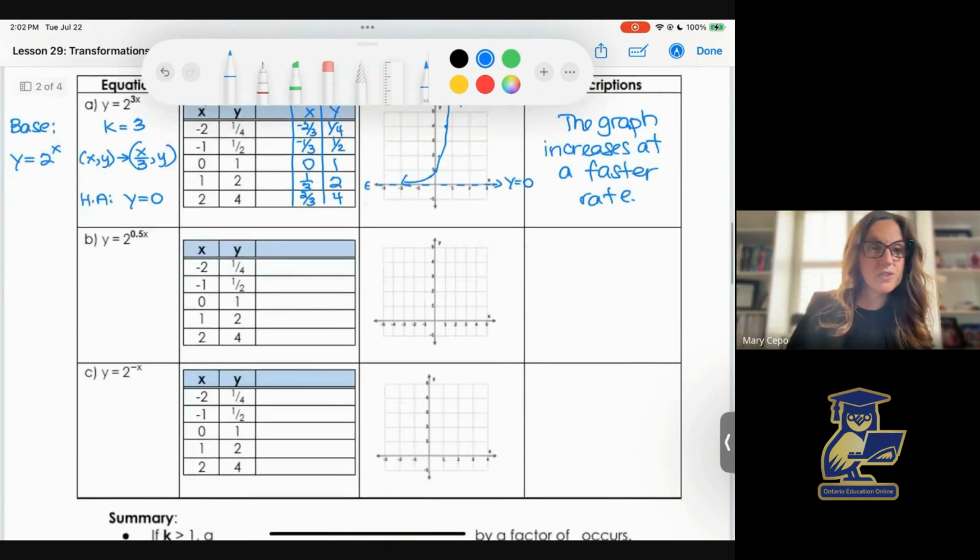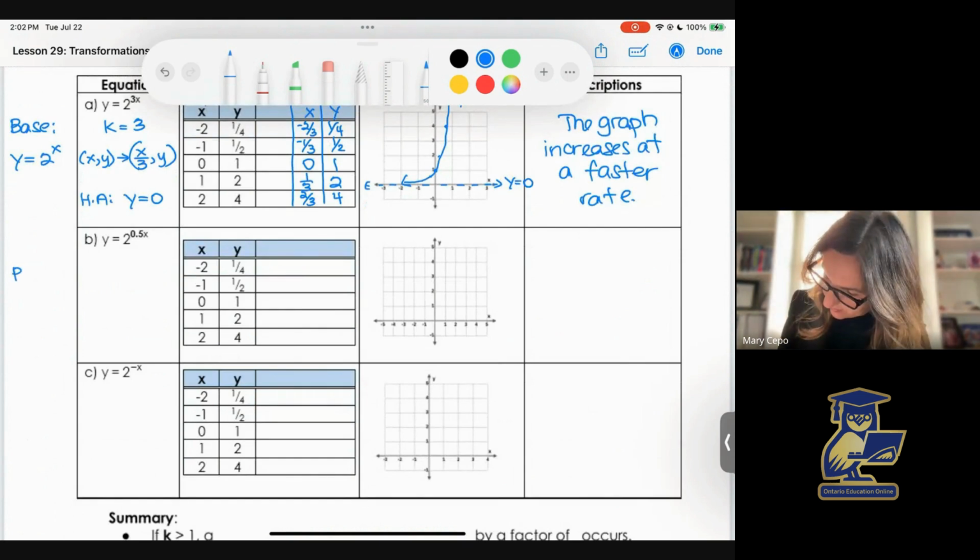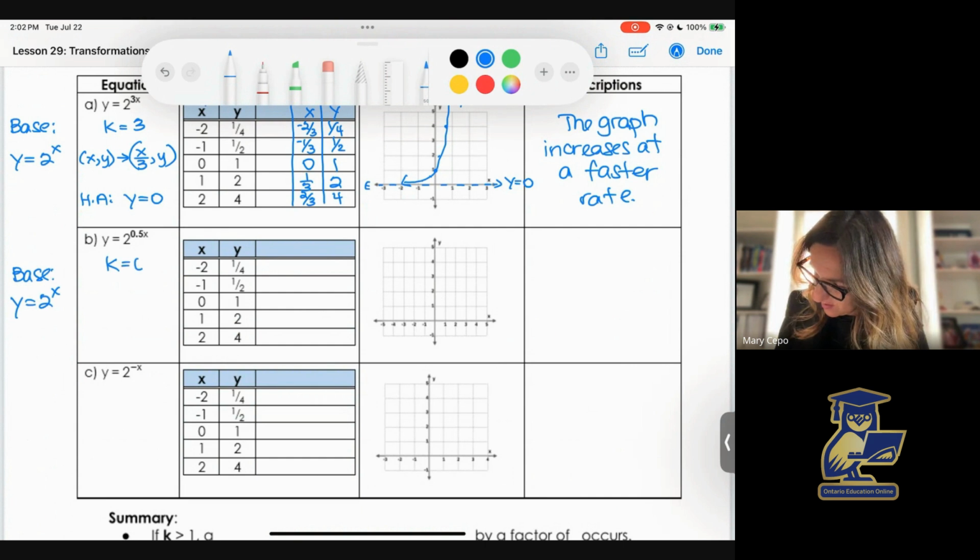Okay. Moving on to B, we now have a k value of 0.5. So again, identify the base. K is equal to 0.5. So again, k impacts directly. So we're going to say x divided by 0.5.